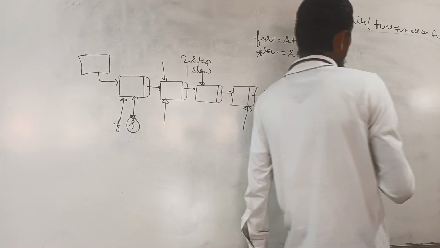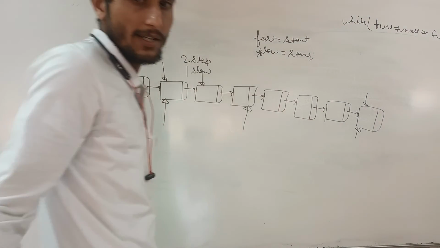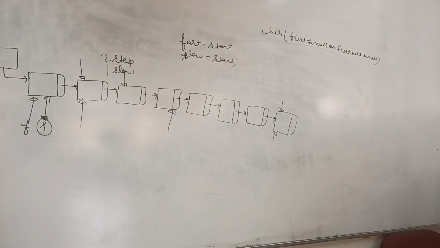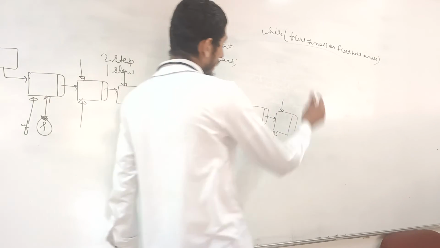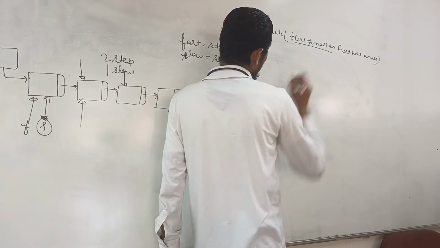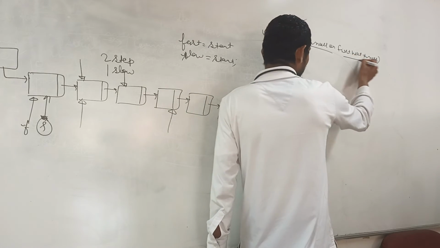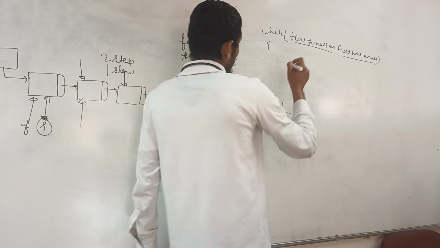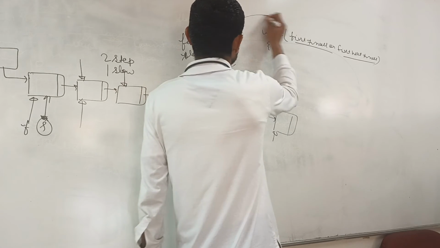In the last algorithm, I implemented the linked list with the help of an array, and in this one I am implementing it with the help of a structure. So I apply the loop while fast is not null and fast dot next is not null.